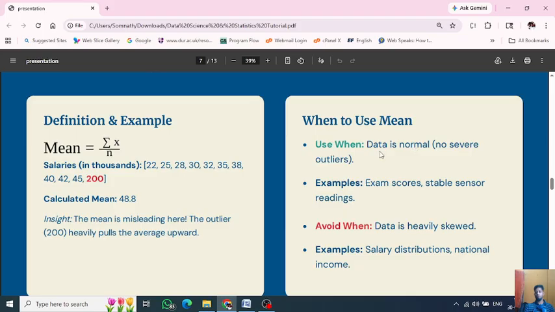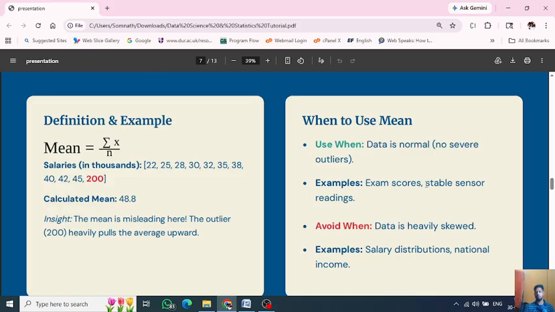When you see the data is in normal format, with no extreme values, like 50, 60 is a normal value, in that case you can use the mean. You can take an example like exam scores. Okay, usually in any exam, there are no extreme values, right?